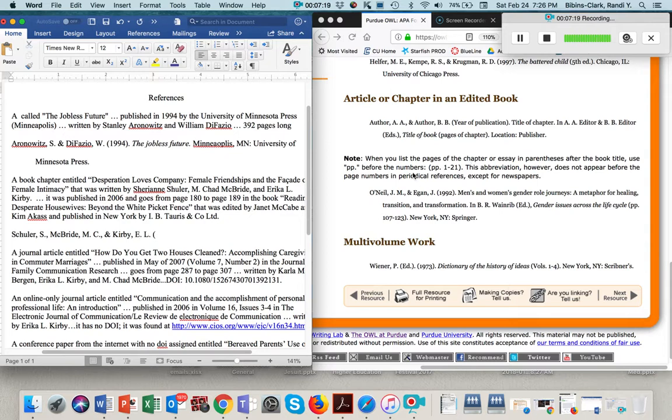Now I want the year of publication, 2006, with a period after it, because that's what this tells me. And now I want the title of the chapter, no italics, with only the first letter of the title capitalized. So the title of the chapter is, and see there are quotes here, but I don't want those quotes because there are no quotes anywhere over here in my example. So Desperation Loves Company.